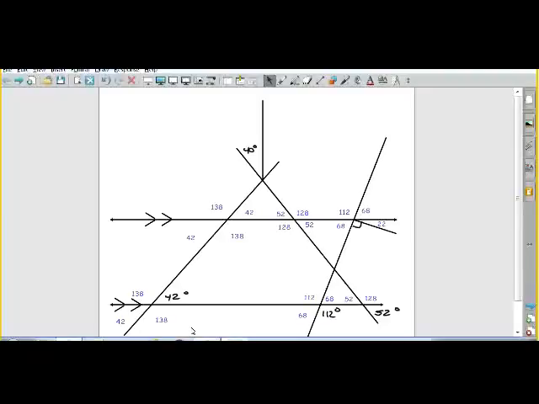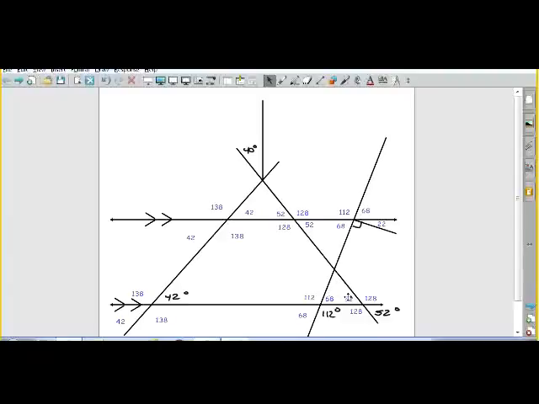Okay, so that's just from parallel lines with the transversal. I guess we didn't get this. Let me copy this one too. So this is 128 degrees also right down there because these are vertical angles.